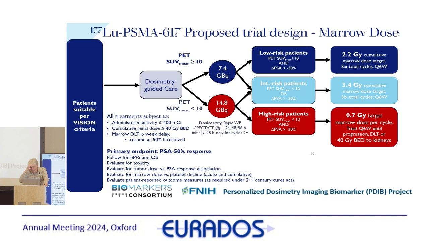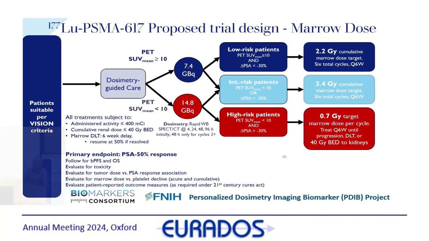So how can we then go to some more personalized therapy? The same group from RPT Tech came up with some suggestions on how to improve the fixed activity dosing for lutetium PSMA, depending on the uptake as shown with PET imaging.